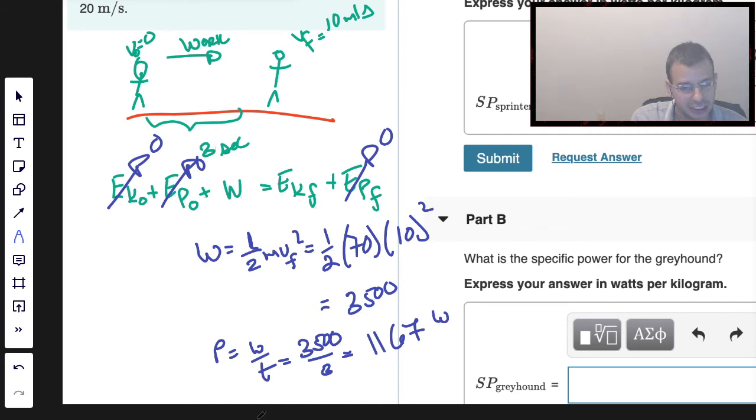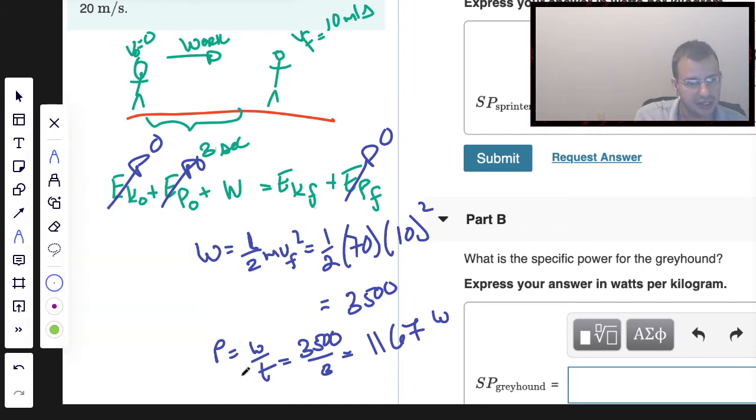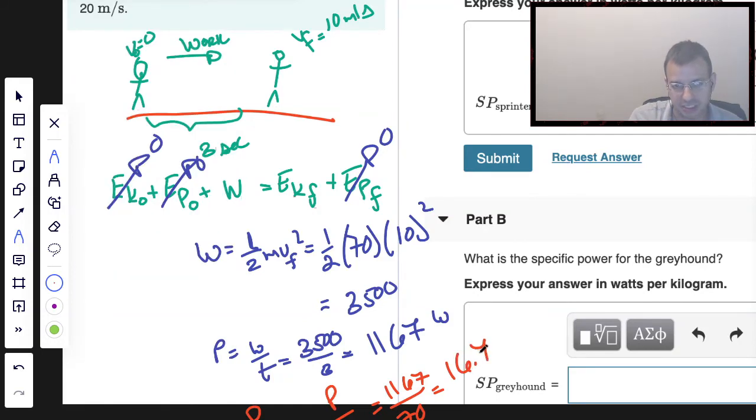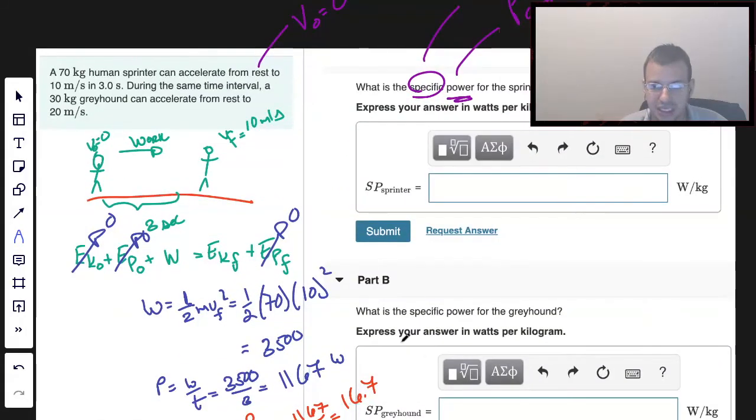Then the specific power of the sprinter is going to be power divided by mass, which is 1167 divided by 70. Let's see if this gives us a whole number again. Nope, 16.7, and that's going to be watts per kilogram.